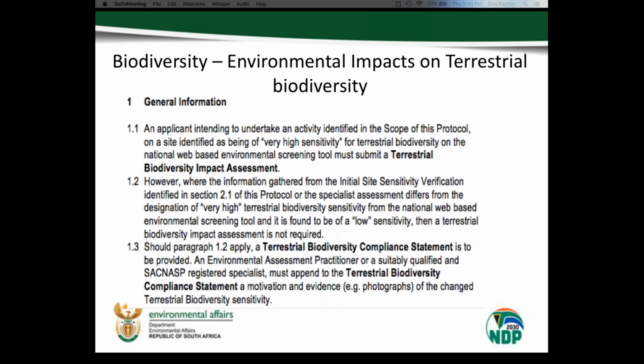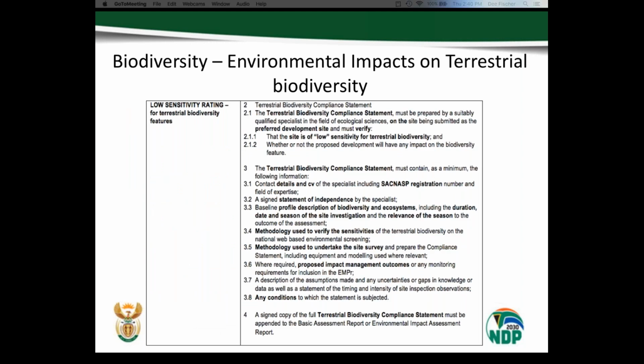And then if you are in an area of low sensitivity, you would just need to do a compliance statement, and the protocol gives you an indication of what would be required in the compliance statement. So it's really intended to make the process much shorter if there's no requirement to do an in-depth study.